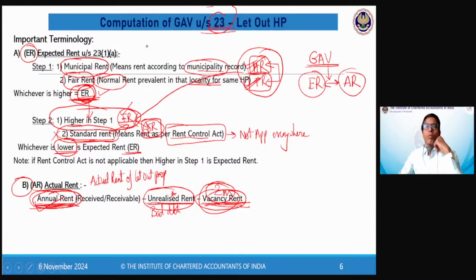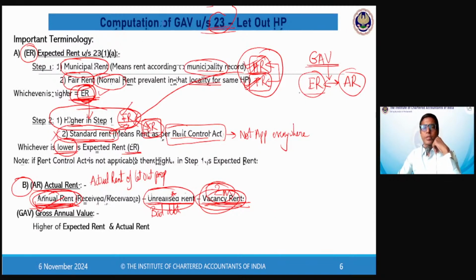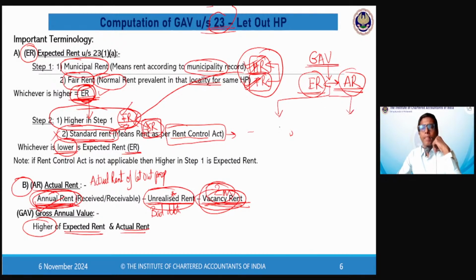Now, once you find both these figures, what is GAV? GAV is higher of expected rent and actual rent. Now, when you are comparing both these figures, there are two possibilities. When you compare actual rent and expected rent, the two possibilities are: actual rent is greater than expected rent.